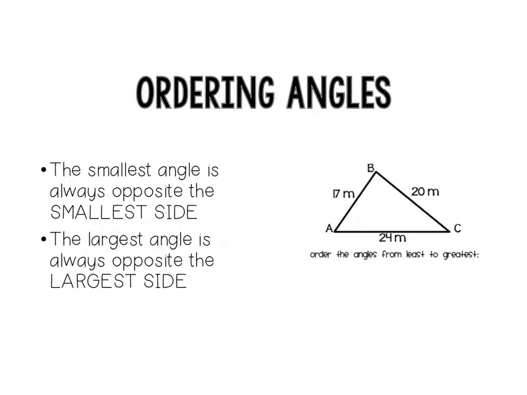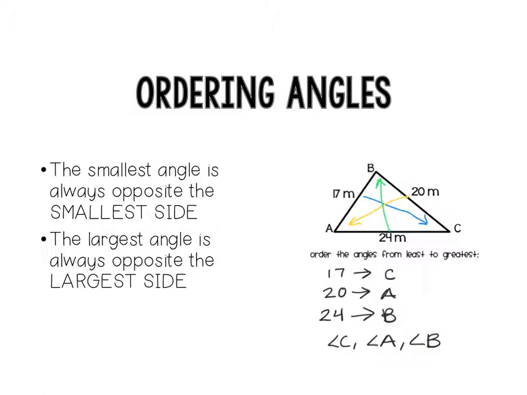Important to remember, 17 is across from C. 20 is across from A. And 24 is across from B. So my smallest side is 17, which is across from C. My next side is 20, which is across from A. And my largest side is 24, which is across from B. So in order from least to greatest, it would be angle C, angle A, angle B.